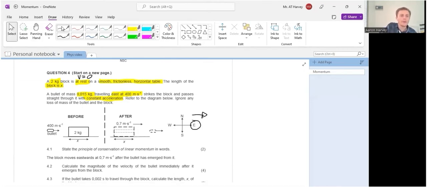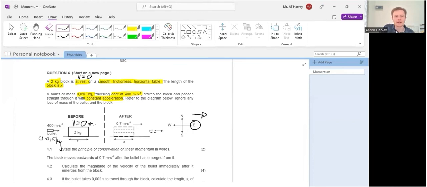Okay, so what I prefer to do is fill out all the information I possibly can from the paragraph above that they haven't added on the diagram. We can already see that they've added that it's a 2 kg block. But what they didn't add there is that it is at rest. So that block, its velocity is equal to 0. They also tell us that the bullet has a mass of 0.015 kgs.